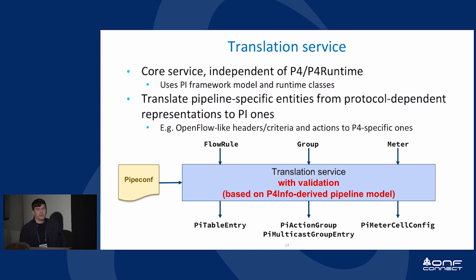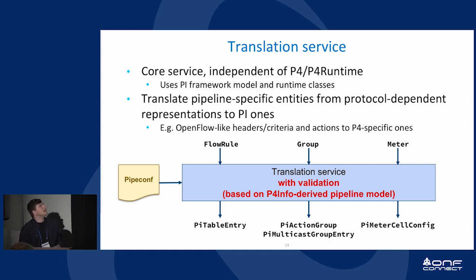We also have what we call translation services, and they are there for one purpose. Even if we did our best to make ONOS control protocol independent, clearly when ONOS was designed, OpenFlow was the main SDN API, so ONOS is strongly inspired and influenced by OpenFlow. That's why the flow rule abstraction in ONOS, even if it doesn't have the OpenFlow name in there, really looks like an OpenFlow flow rule.